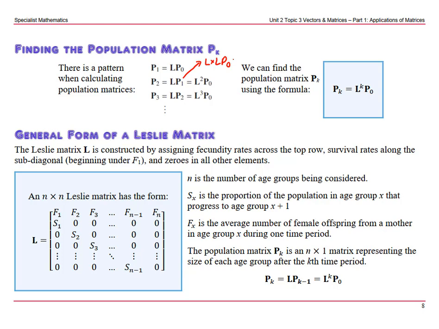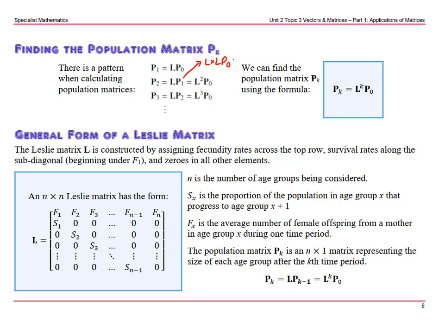So we can find a population matrix PK, where K is the time period we're looking at, using the formula PK equals our Leslie matrix to the power of K times the initial population.